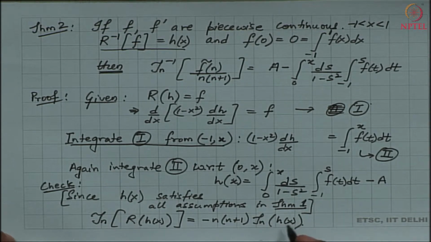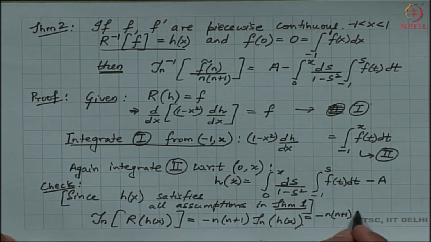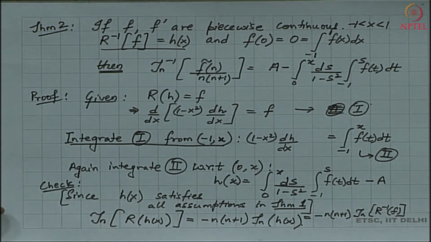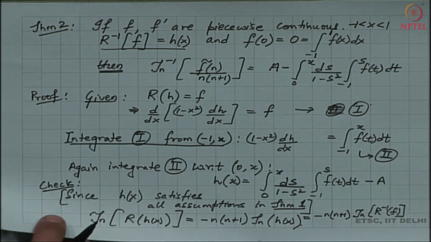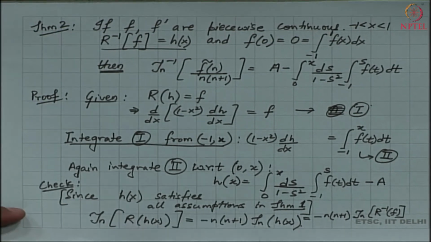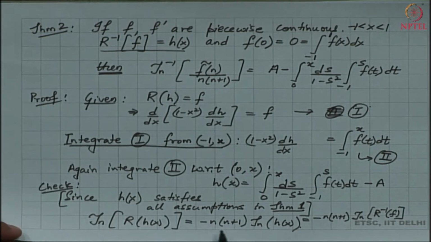Now, I have defined my h of x to be the R inverse of f. So, this is nothing but negative n times n plus 1 times the Legendre transform of R inverse of f. Let me just rewrite this expression here.